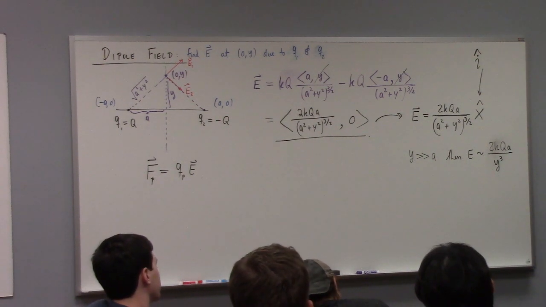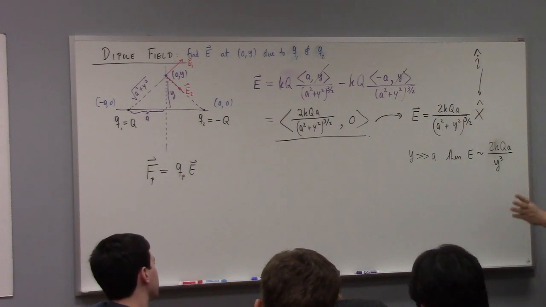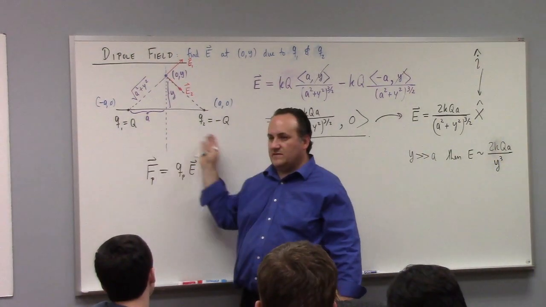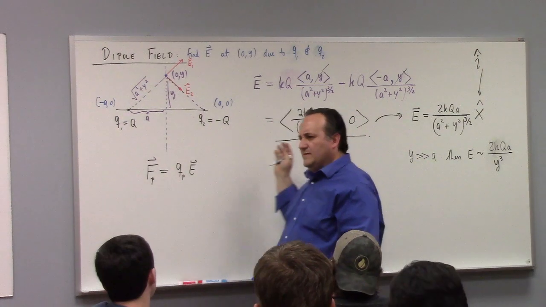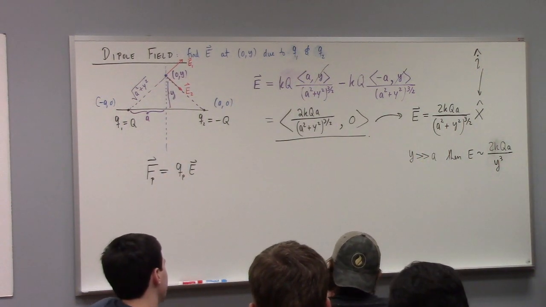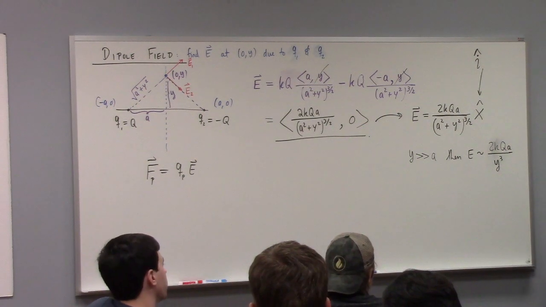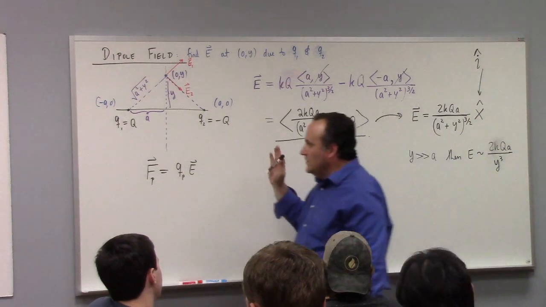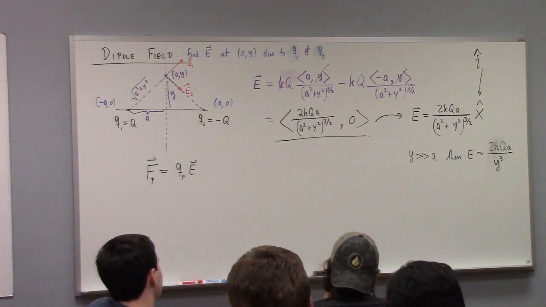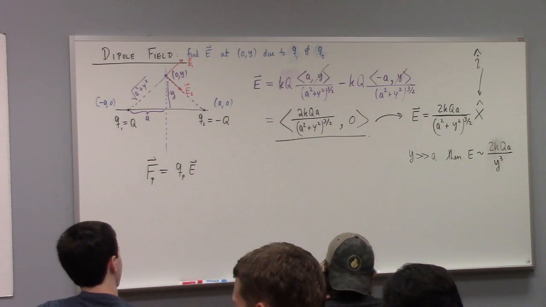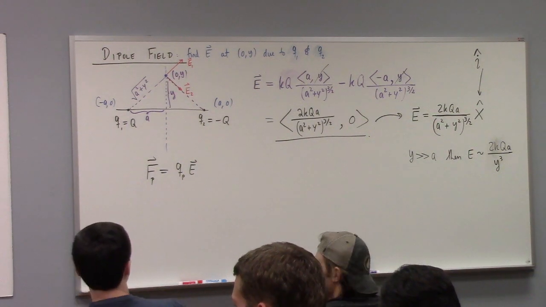So if you did the same problem, but instead of having plus and minus, you had two pluses, then we wouldn't find this kind of thing happening in the limit. We're going to see why that is as we go on, but yeah, that's the asymptotic behavior of the electric field. It depends on the cube of the distance from the dipole. As soon as I wrote that down, I was like, that's not right.